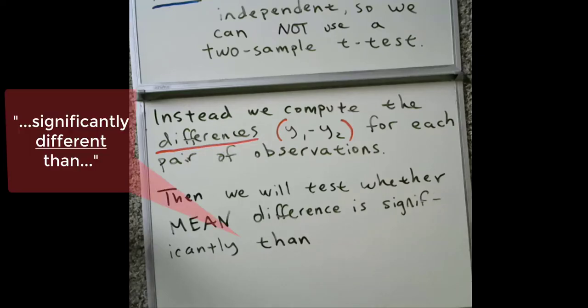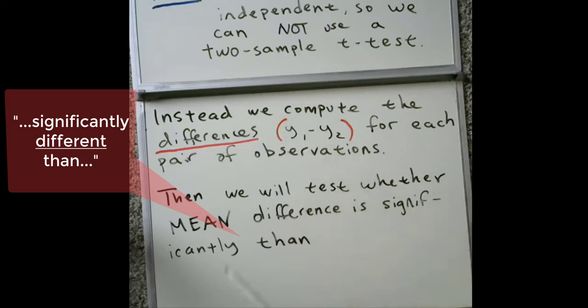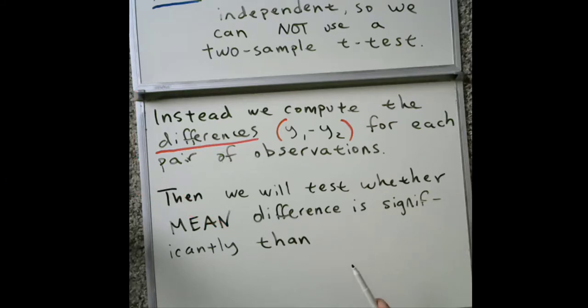We want to see if the mean of the differences is significantly different than, and I want you to think about this, if you're taking a subtraction and those two quantities are not different, 12 minus 12, then what would that value be? 0.